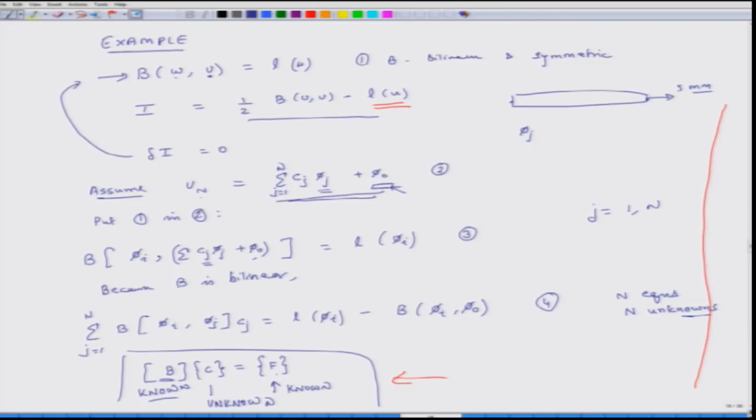But then at the end there is some displacement which is 5 millimeters. That is done through the introduction of phi naught.